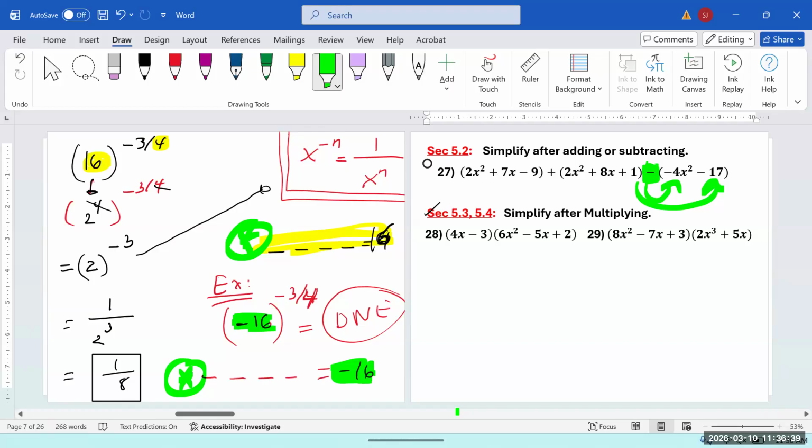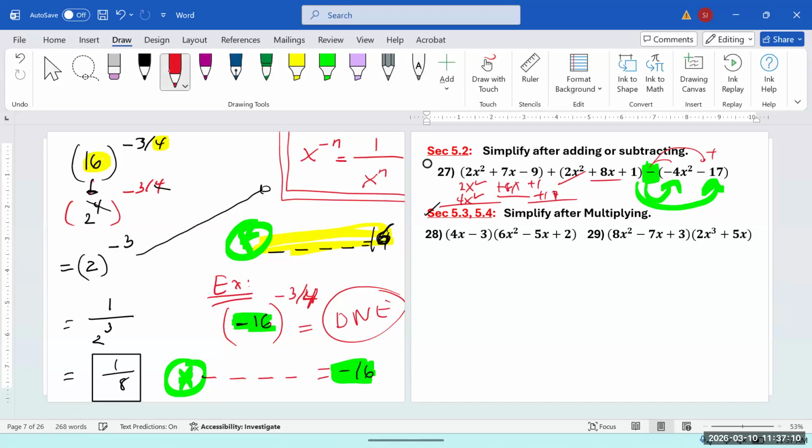So first do the distribution of the negative and then combine like terms. Personally, I like to write them down one below another. So we have 2x cubed, 2x squared, another 2x squared, and then this becomes 4x squared. Add all of these because they all have a plus sign. And then we have 7x plus the 8x, and then there is no more x, so find how much that is. For numbers, we have +1, and then when you distribute, you get +17.